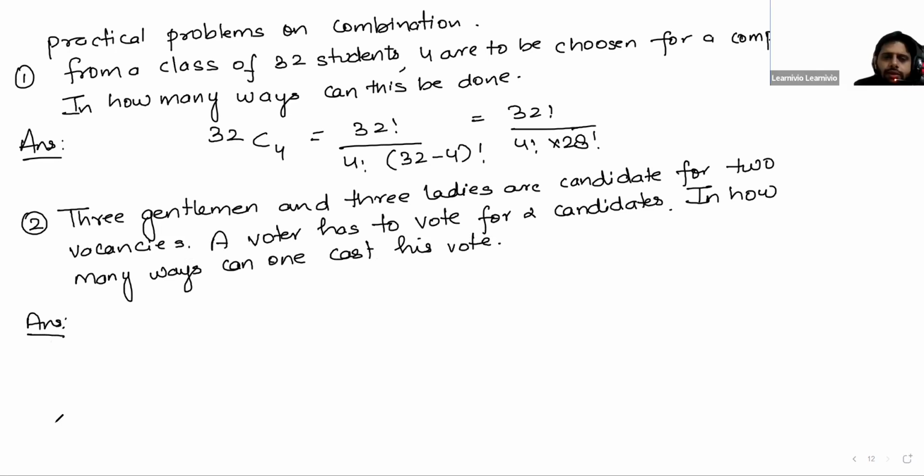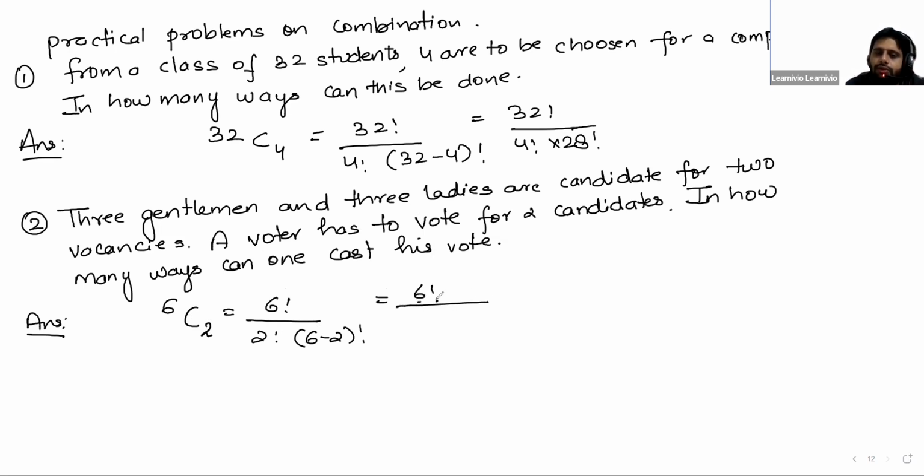So what does this mean? In this question, you have 3 gentlemen and 3 ladies, so in total you have 6 candidates, and you need to select 2 candidates. So this means 6C2. Please solve this. 6 factorial by 2 factorial into 6 minus 2 factorial, which gives 6 factorial by 2 factorial into 4 factorial.